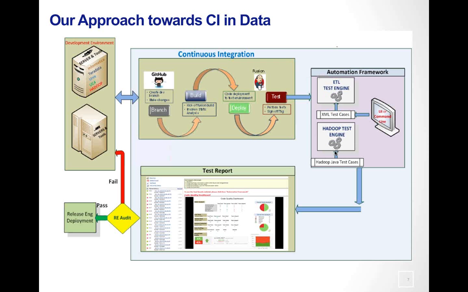Primarily we deal with both ETL and also some Hadoop code, and that's the reason you see here two different test engines that get invoked as part of our internal framework that we have created. Then the tests are run, and a test report is displayed, available for anybody to view, and he can have a detailed understanding of how many have failed and passed.